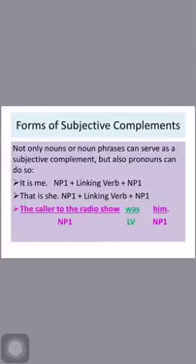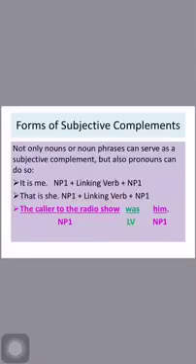So what are the forms of the subject complements? Are they only noun phrases? No. It can be a noun phrase, a noun, or even a pronoun. Let's see this. It's me. It is me. So it and me, both of them refer to the same, having the same reference.